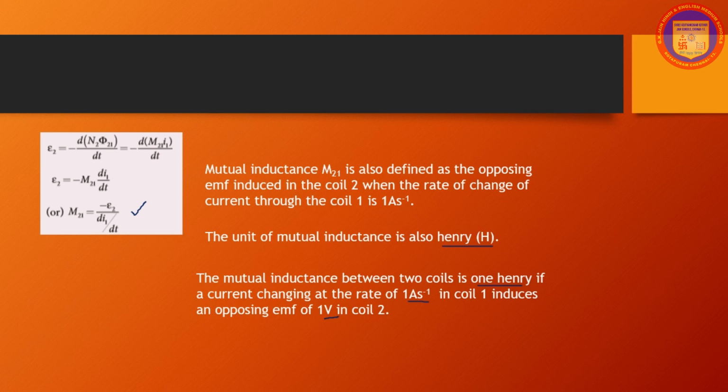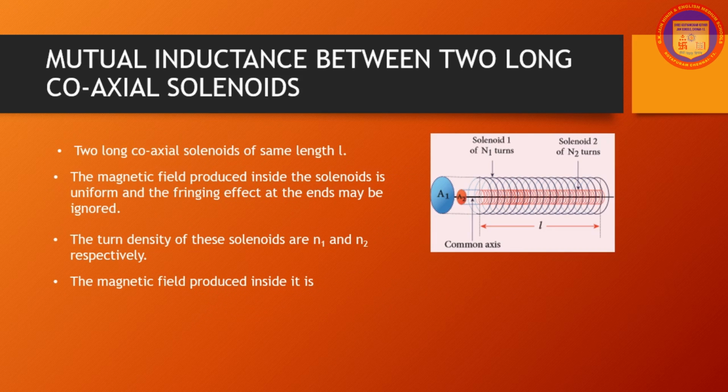The next topic is mutual inductance between two long coaxial solenoids. Consider two long coaxial solenoids of the same length L. The length of the solenoids is large compared to their radii. Then the magnetic field produced inside the solenoid is uniform and the fringing effect at the ends may be ignored.